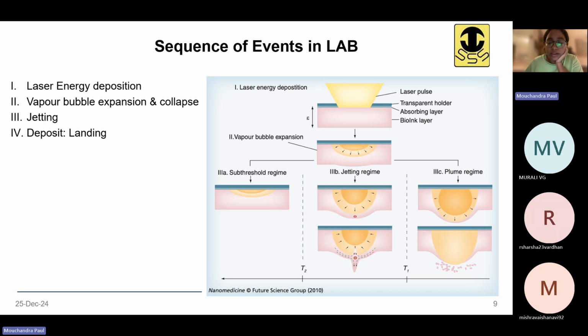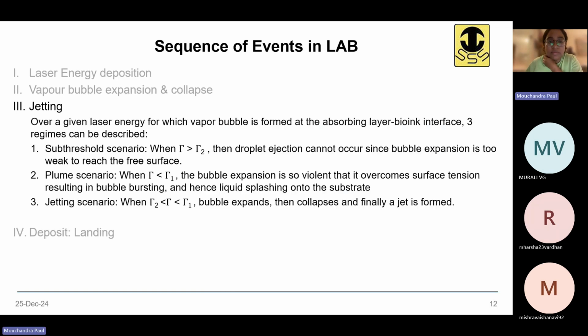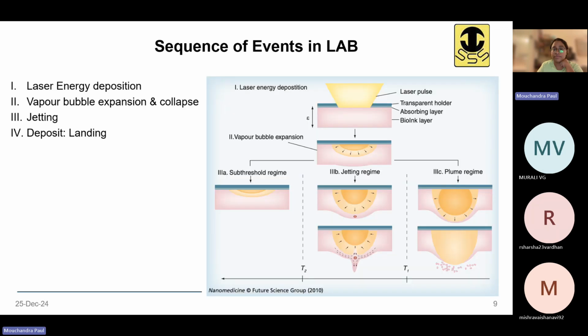In the plume region here, gamma is less than gamma 1. Gamma, the dimensionless distance, is less than another threshold value. When that is the case, the bubble expansion is happening so violently that it has completely overcome the surface tension of the bioink layer. That results in the bubble bursting very violently and spraying of the bioink over the substrate. This is the plume region.